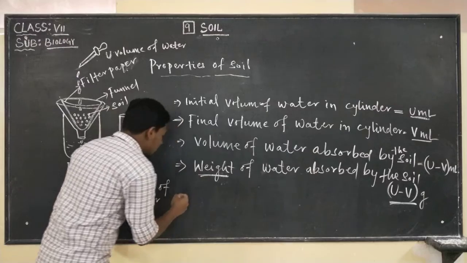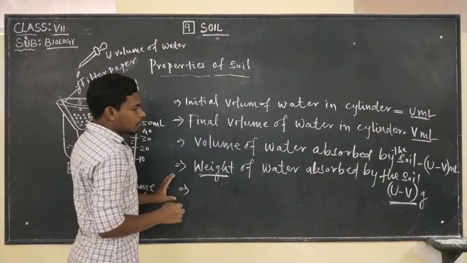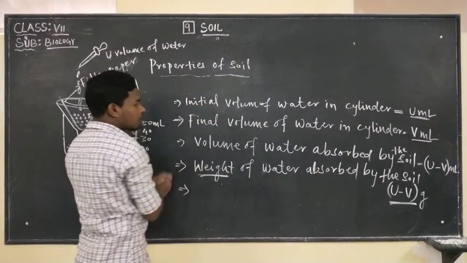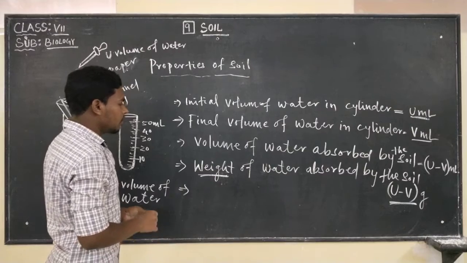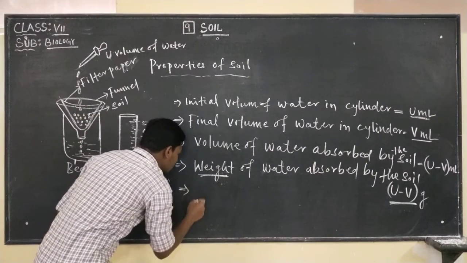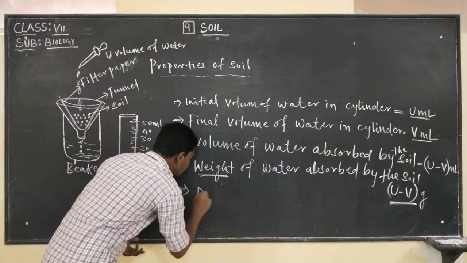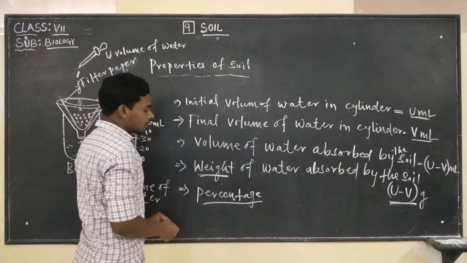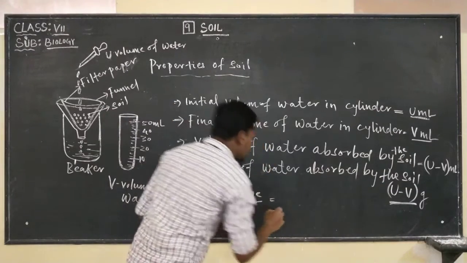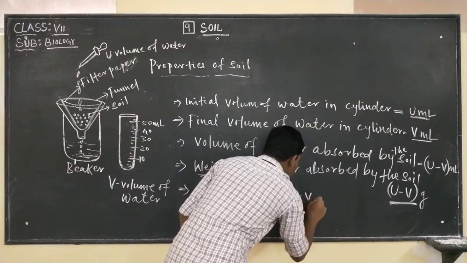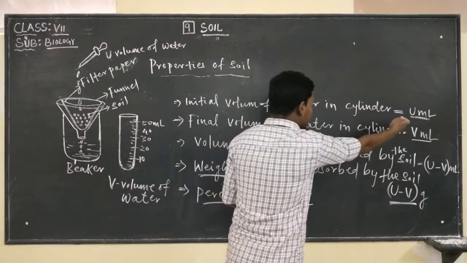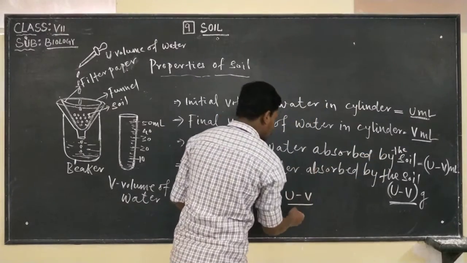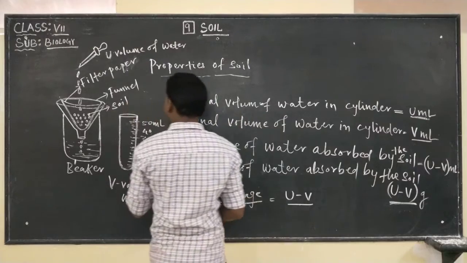Now we need to calculate the percentage of water absorbed by the soil. To calculate the percentage, we have a formula: initial volume of water minus final volume of water, divided by a number.